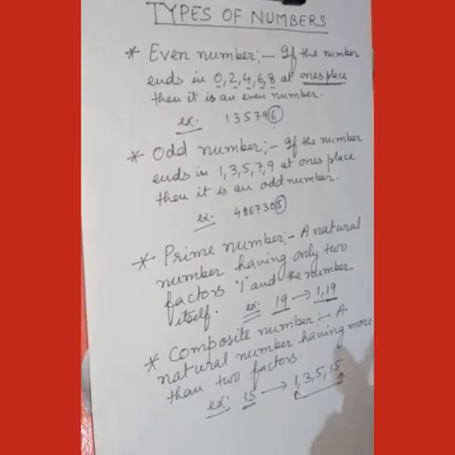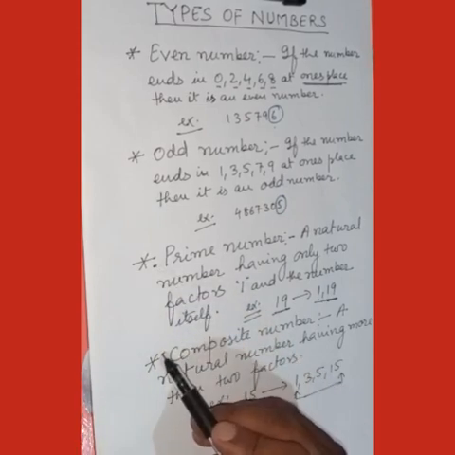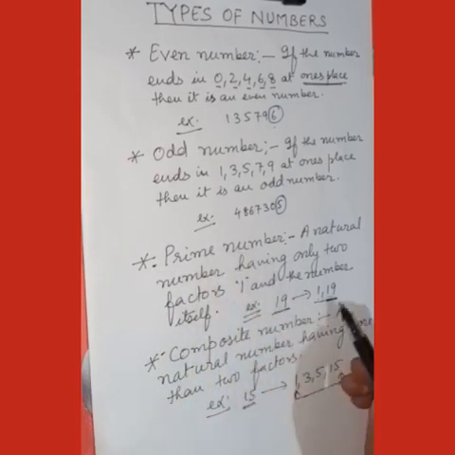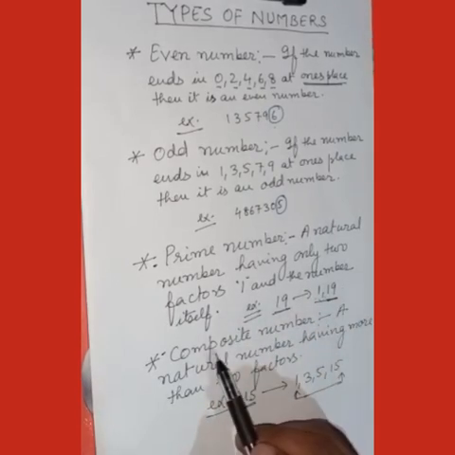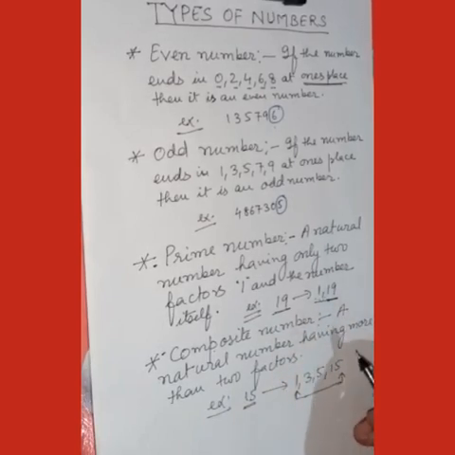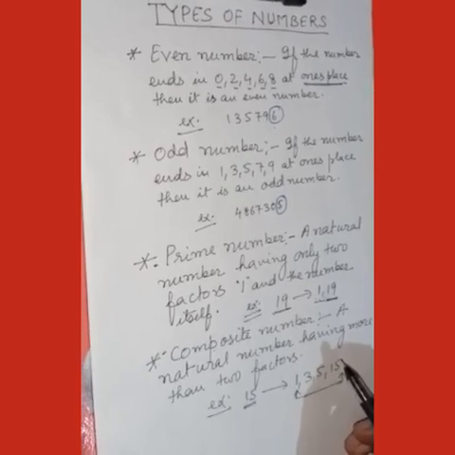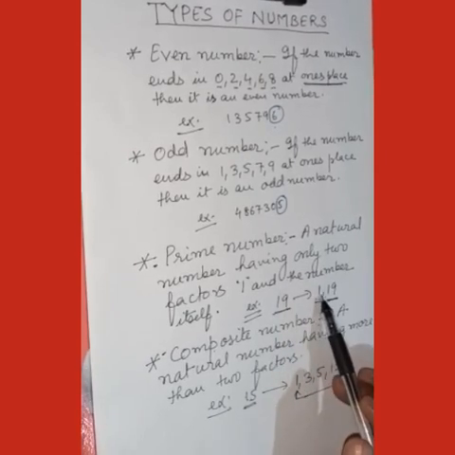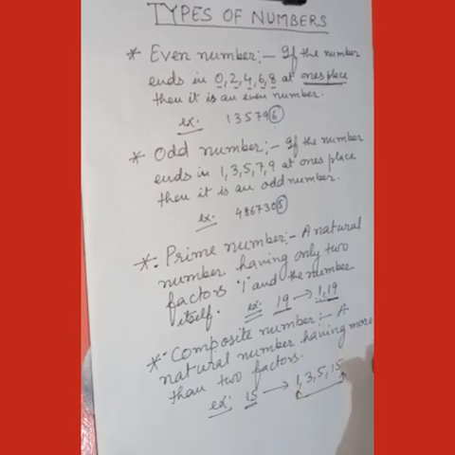Understand student? Now mark the difference between prime number and composite number. Prime number is having only 2 factors, 1 and the number itself. Here composite number having more than 2 factors. Okay, and 1 is a factor of prime number also and composite number also. Okay, understand student?